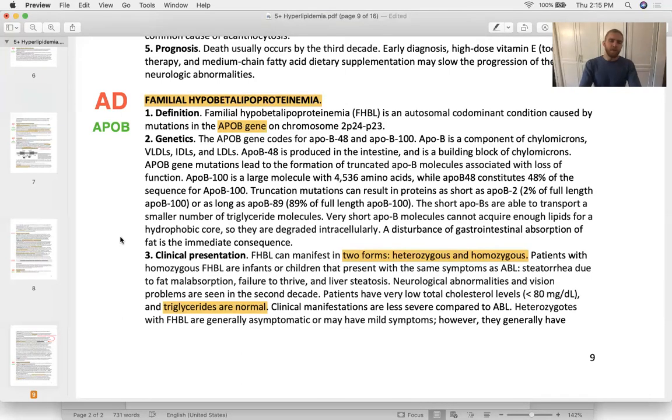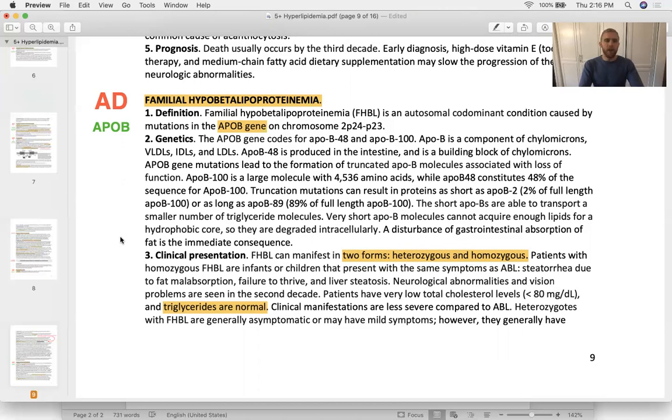And if you have a defective ApoB gene, so a defective apolipoprotein B, then it can't hold as many fats, speaking on a quantitative basis, as a healthy apolipoprotein B. This results in diminished capacity to transport lipids throughout the blood.